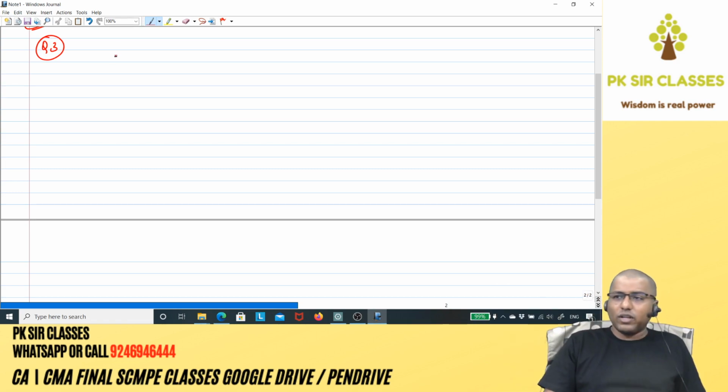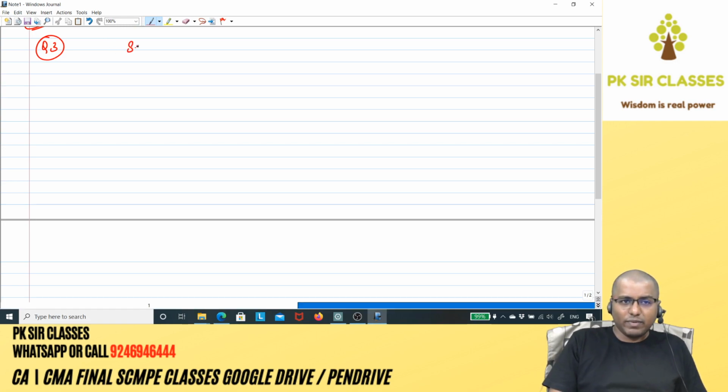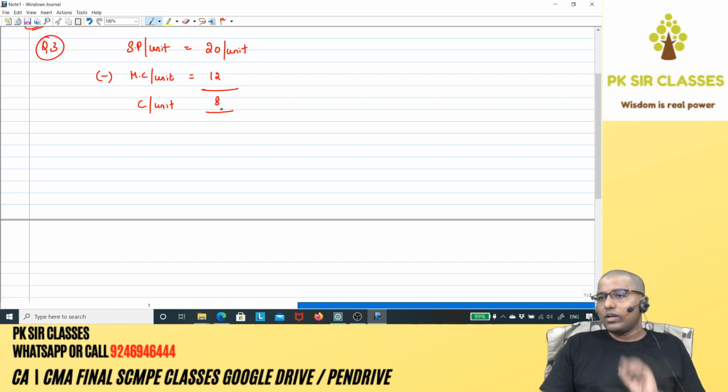Okay, so first of all, let's have a look into the selling price. Selling price per unit is how much? 20, minus marginal cost per unit. We can also call it variable cost, which is how much? 12. So selling price minus variable cost or marginal cost is nothing but contribution, which is 8. Correct? Anything else?